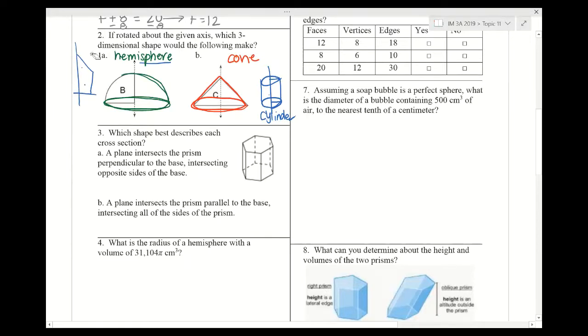You just need to know that a triangle makes a cone, a quarter circle makes a hemisphere, a half circle makes a sphere, and a rectangle or square makes a cylinder. That will get you through all of the different types on that problem.